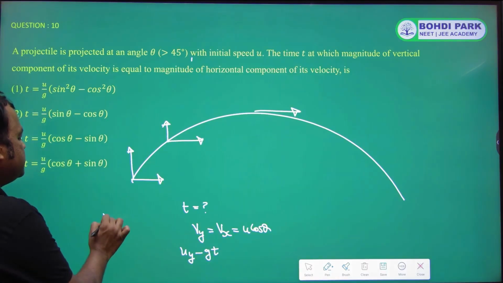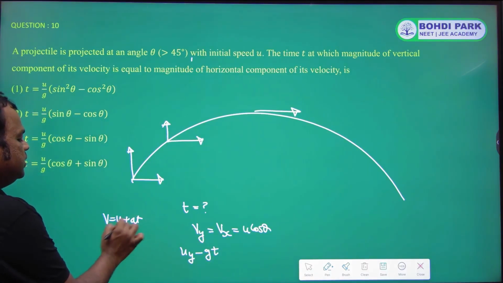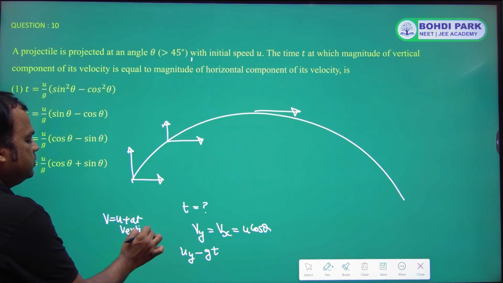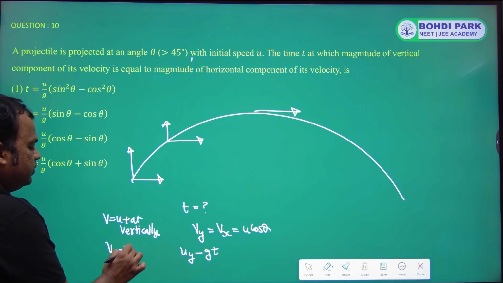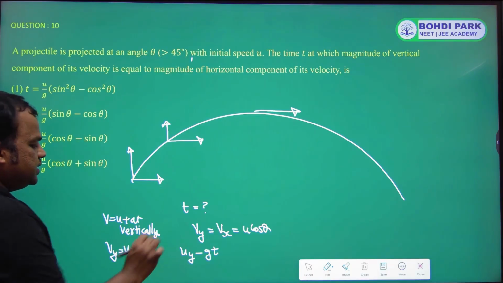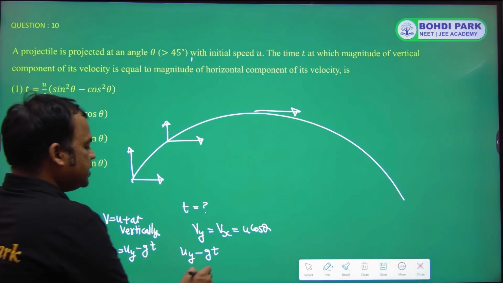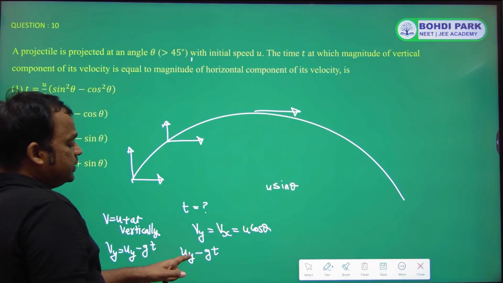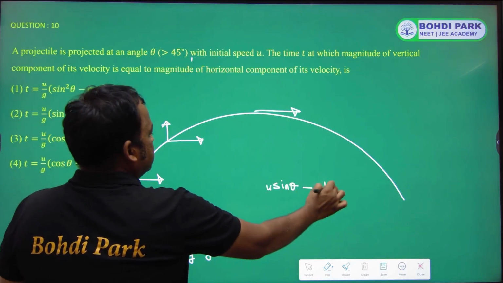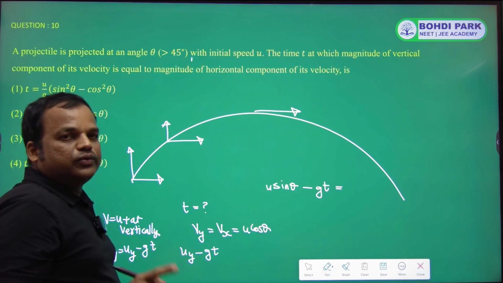Okay, using V is equal to u plus at, if we apply vertically, so Vy is equal to uy minus gt and uy is u sin theta. So u sin theta minus gt is equal to u cos theta.